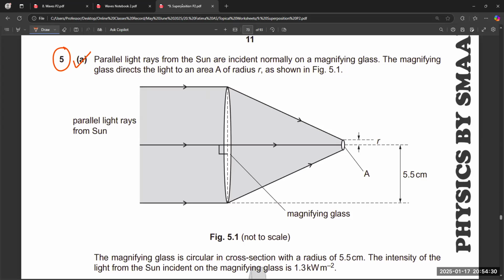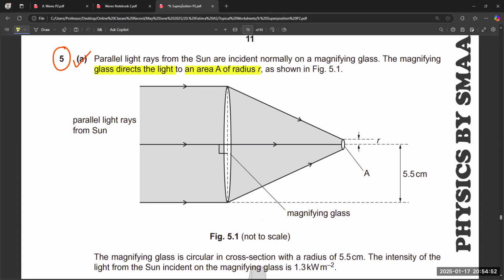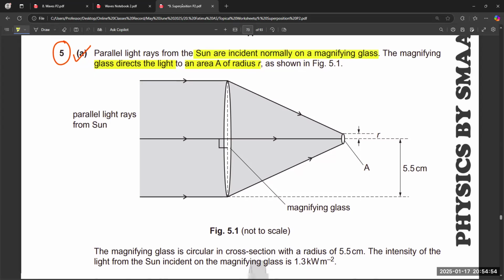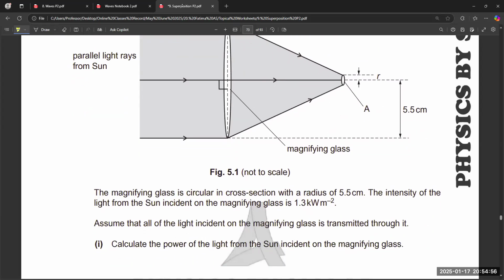The parallel light rays from the sun are incident normally on a magnifying glass. The magnifying glass directs the light to an area of radius small r as shown in figure 5.1. The magnifying glass is circular in cross section with a radius of 5.5 centimeters.